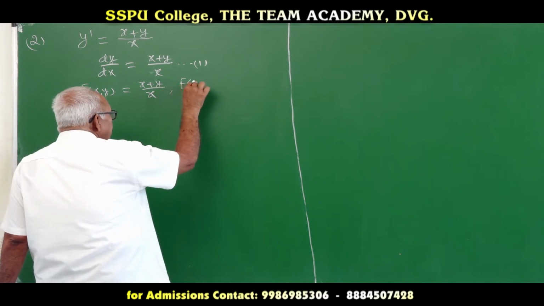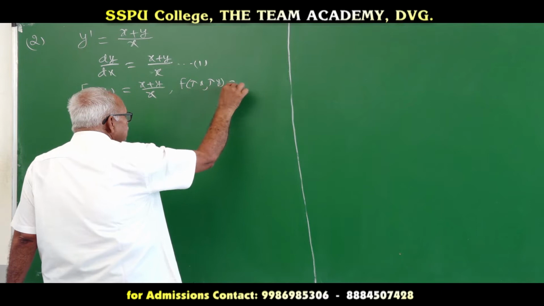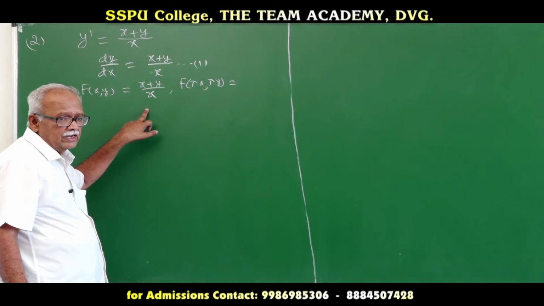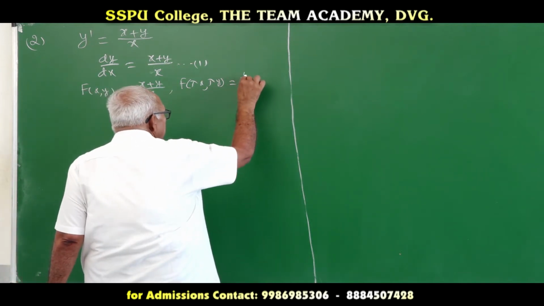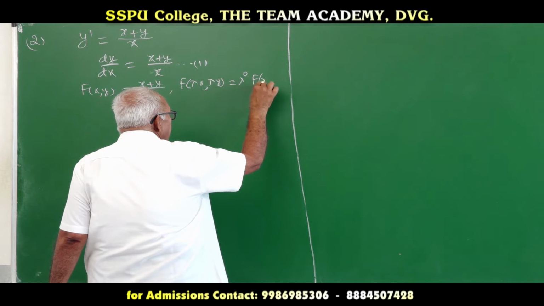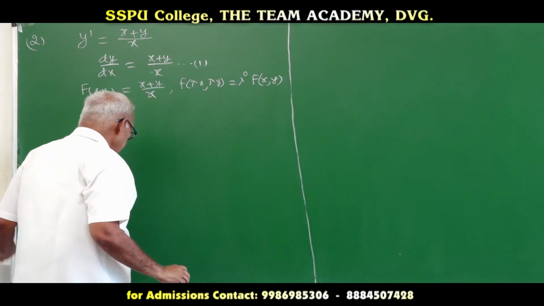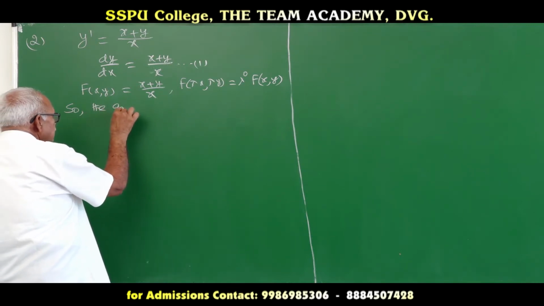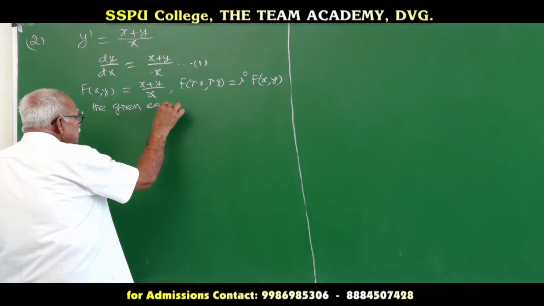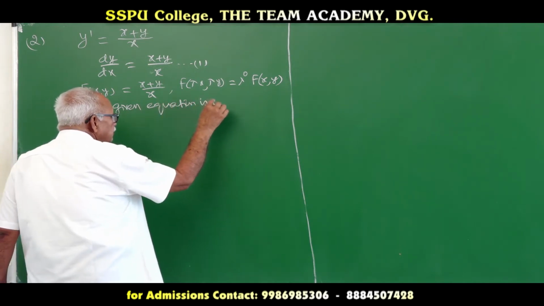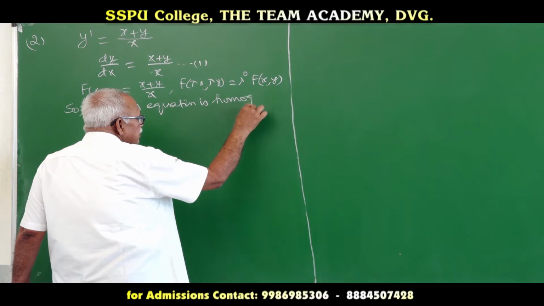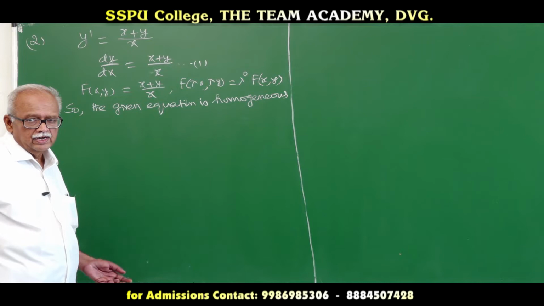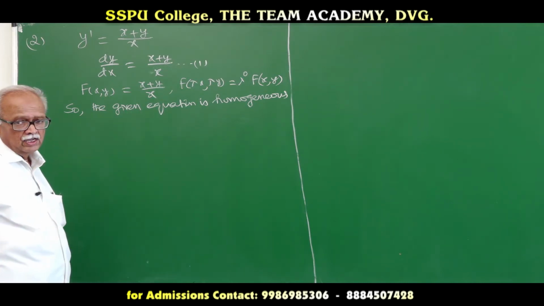You calculate f of lambda x, lambda y is equal to, see here lambda x, lambda y, lambda cancels, you get again lambda power 0 into f of x comma y. So the given differential equation is a homogeneous equation.